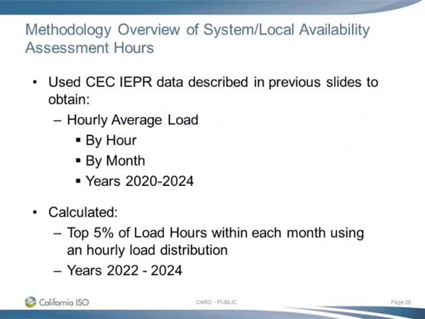These actuals from 2020 and the forecast from 2021 through 2024 are used to calculate the top 5% of load hours within each month using an hourly load distribution of the load in that month. Then we use that information to calculate the availability assessment hours by month for the years 2022 through 2024. There is no change from our methodology in previous years.